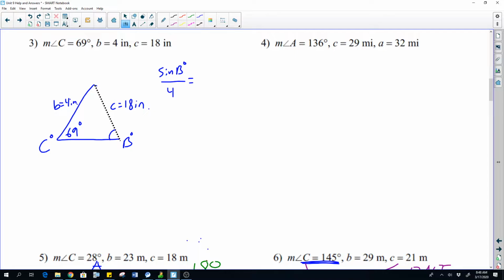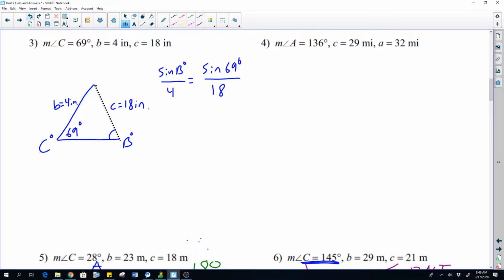So sine B over 4 is equal to sine 69 degrees over 18 inches. Because remember, it's the angle over the side length.